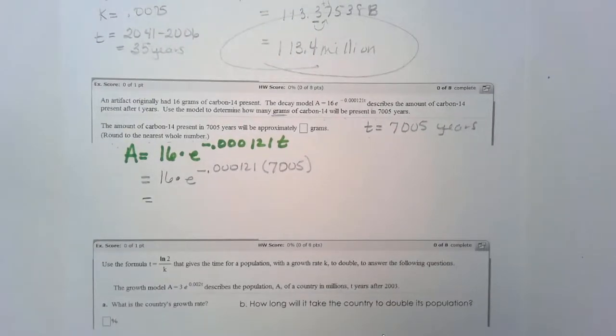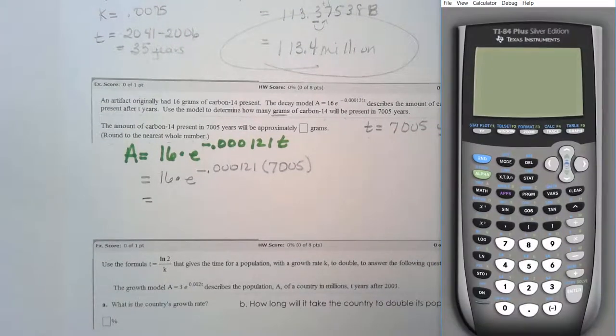All right, so let's go ahead and pull our calculator back out and let's put this information in. We have 16 times, let's go second and ln, and then we have negative 0.000121 times 7,005, and let's press enter.